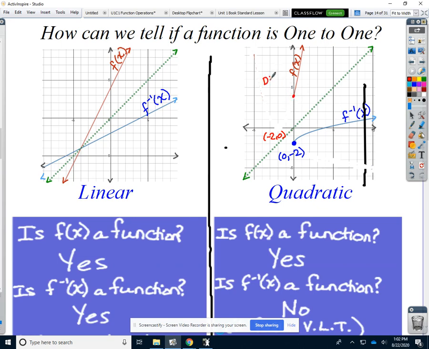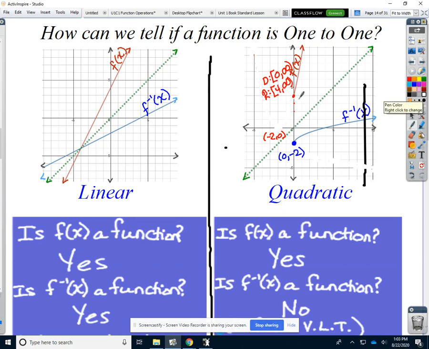So now the domain, the furthest left that this will go is from 0, and then it goes to the right forever. The range here would be the lowest point, which looks like 4. This is a 5. I guess you can't see that on your screen. So 1, 2, 3, 4, 5. So 4 to infinity.